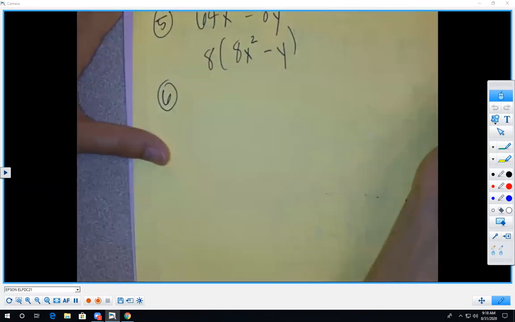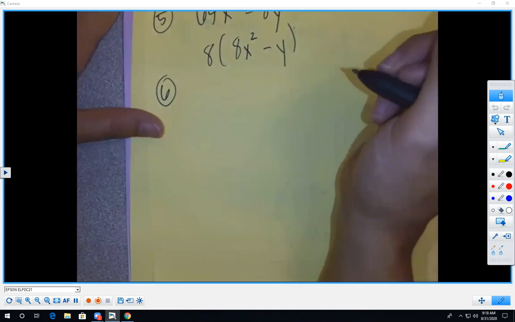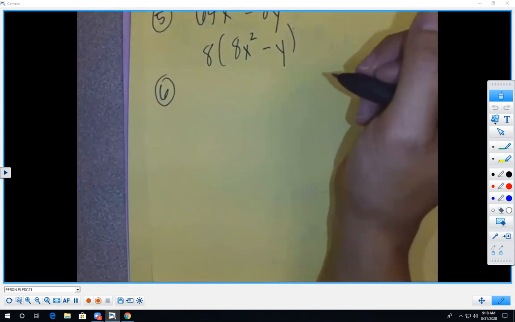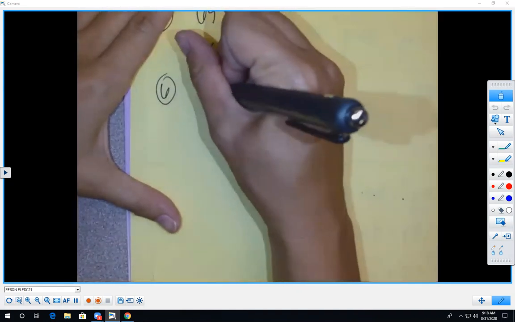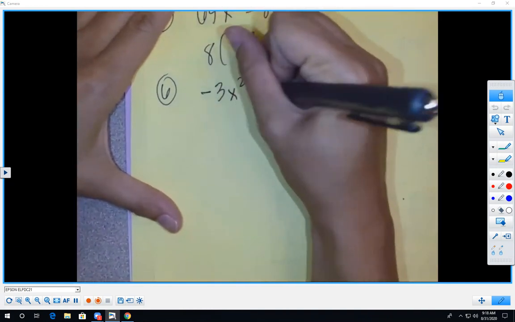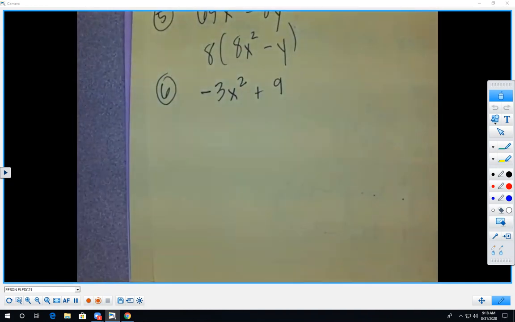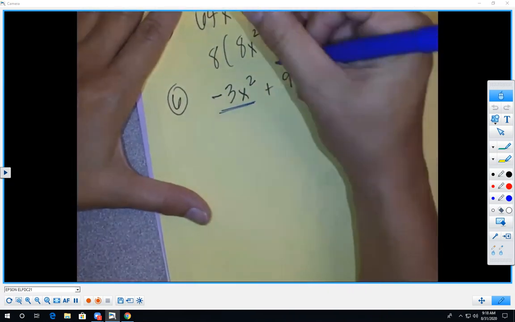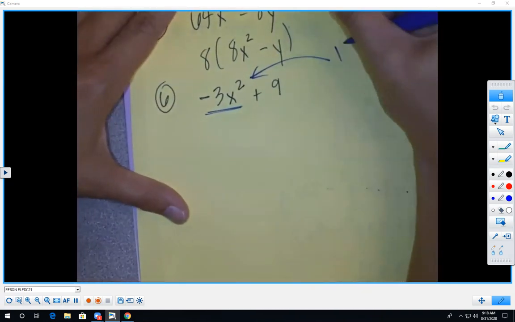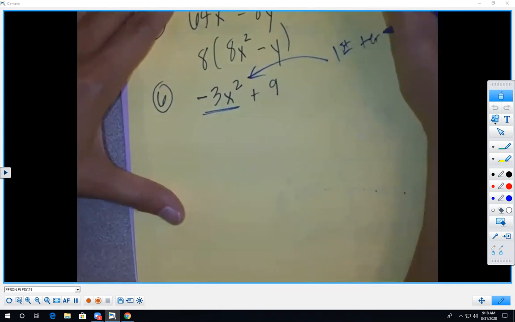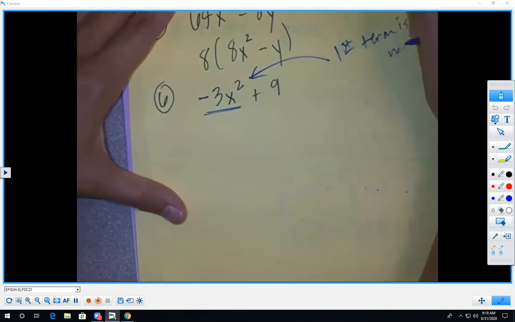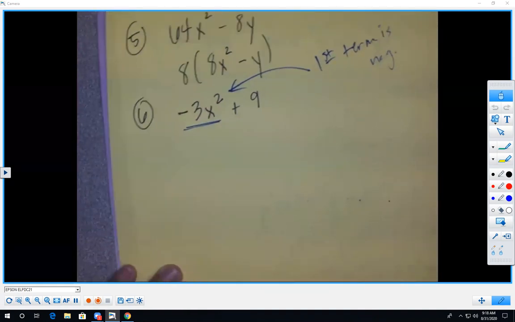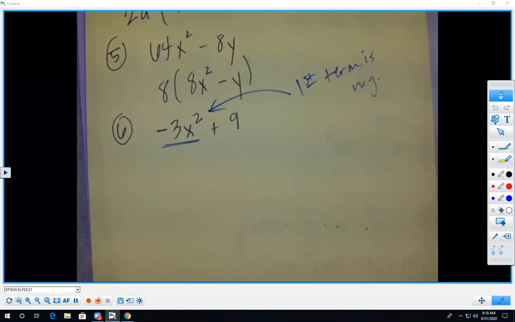Okay, one thing about greatest common factor, if your first term is negative, for example, the problem negative 3x squared plus 9. My first term right here is negative. That is a problem. Uh-oh. You can't have a negative first term here because it messes everything up.